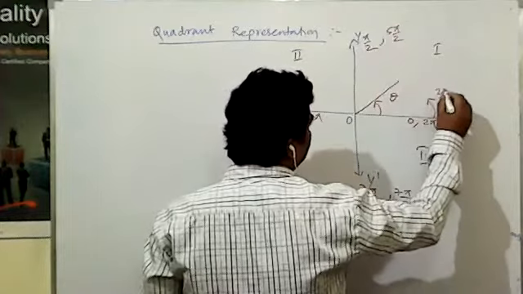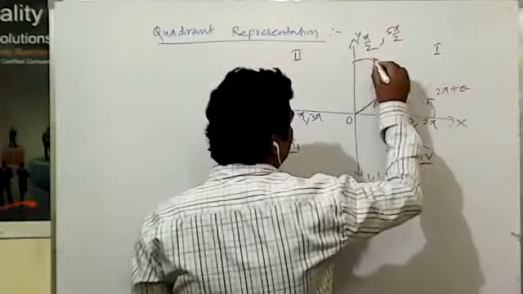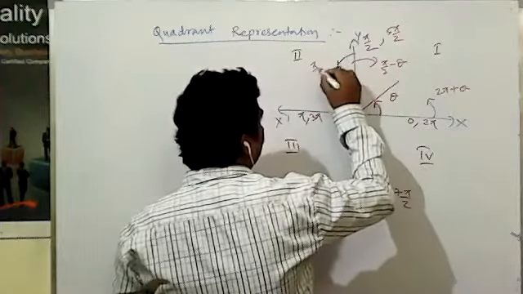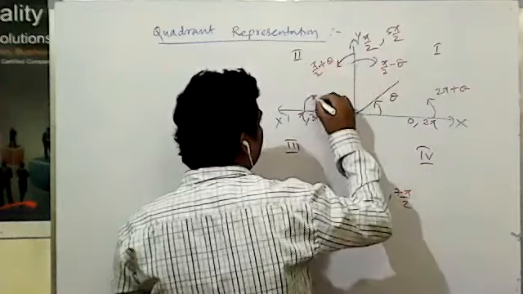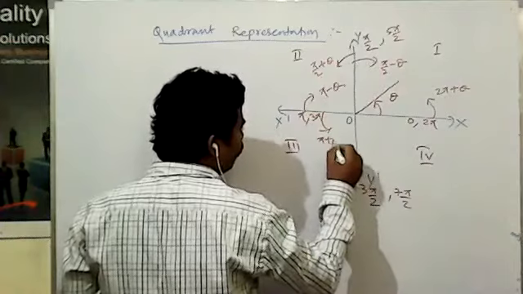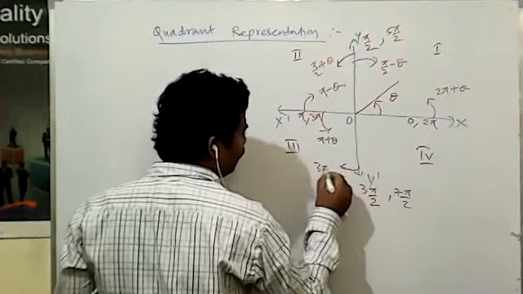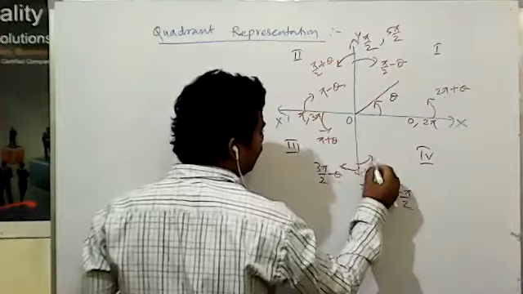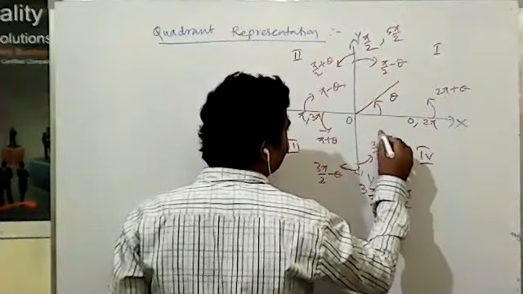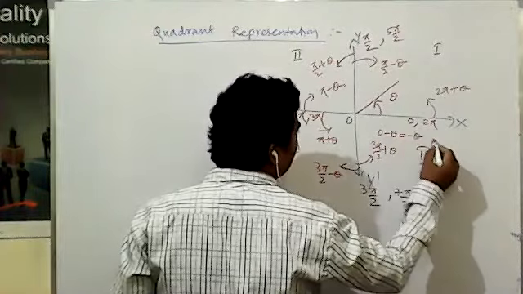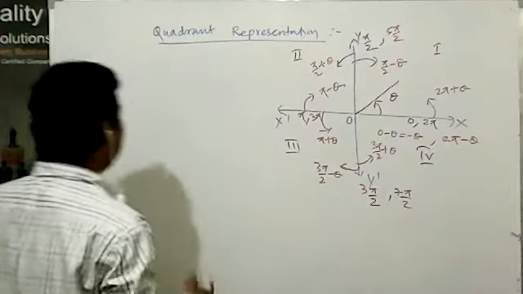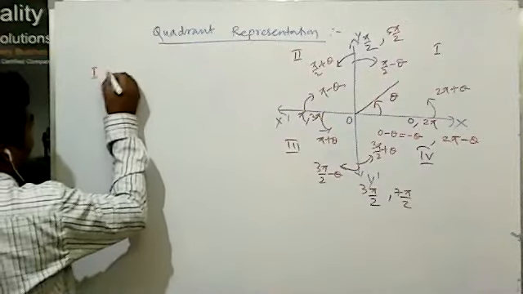This is 2 pi plus theta, pi by 2 minus theta, pi by 2 plus theta, pi minus theta, pi plus theta, 3 pi by 2 minus theta, 3 pi by 2 plus theta, or 0 minus theta means minus theta, or 2 pi minus theta. These are the angles in the first quadrant.